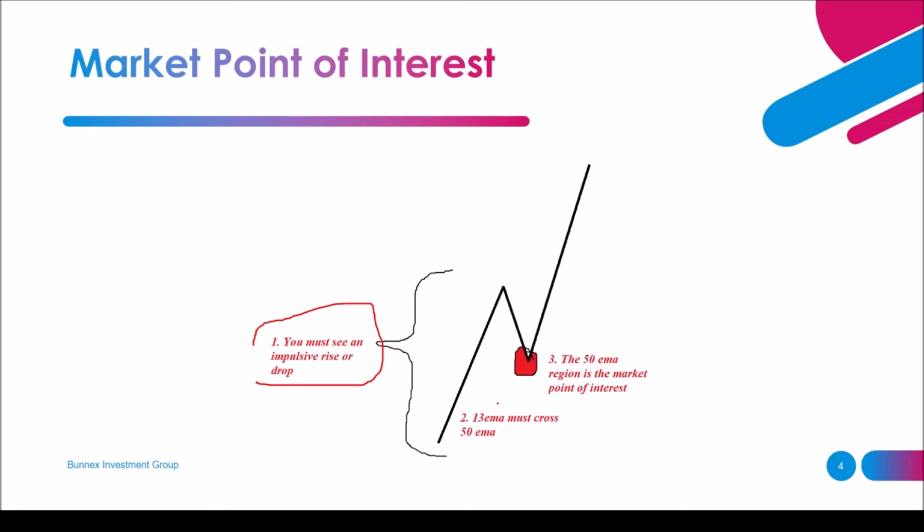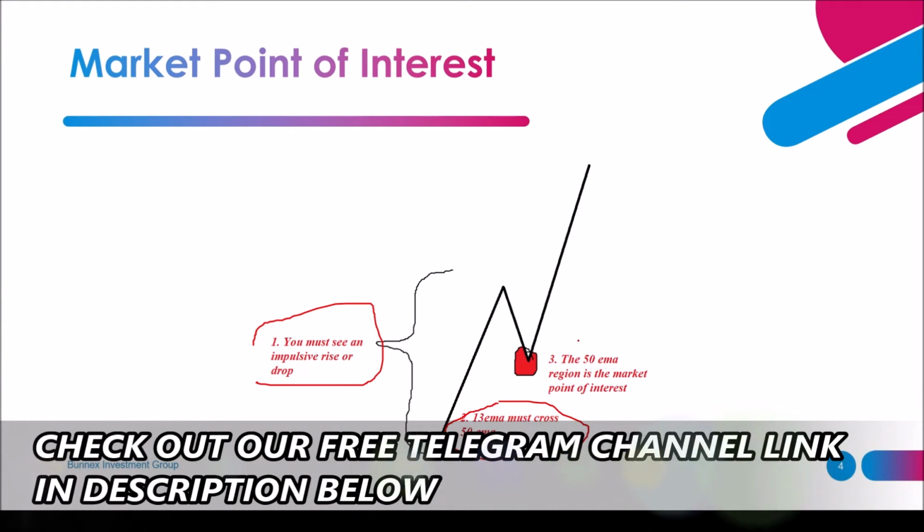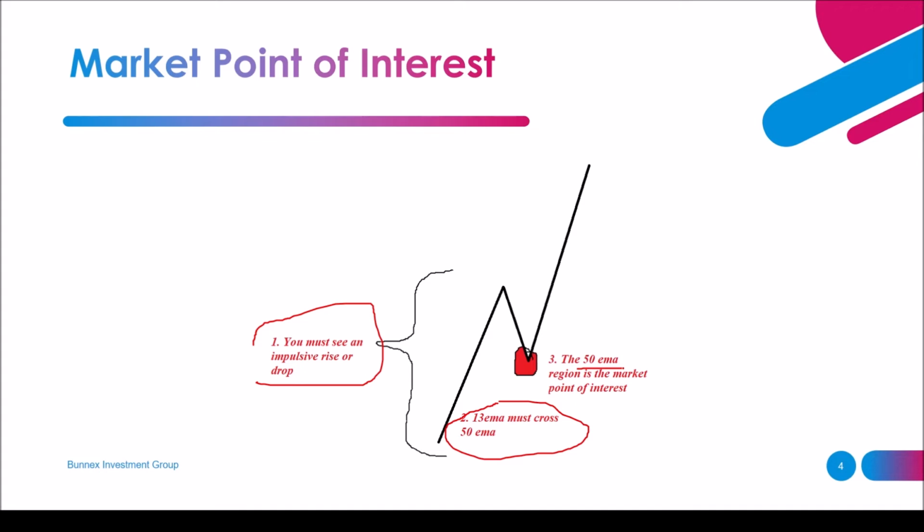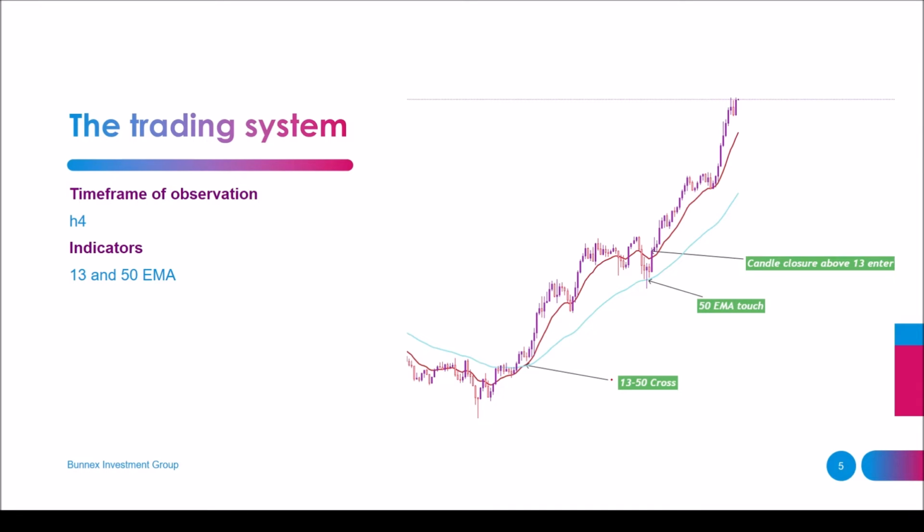The second thing is now to see that impulse having a 13 EMA crossing a 50 EMA. Then the third thing is you must see the market come back to the 50 EMA region, and this is the market point of interest. These three steps will actually allow you to have a point of entry.